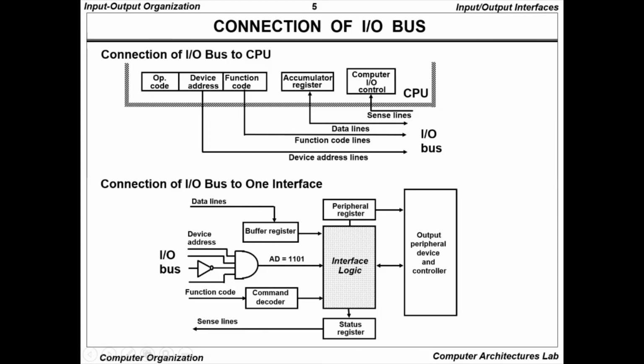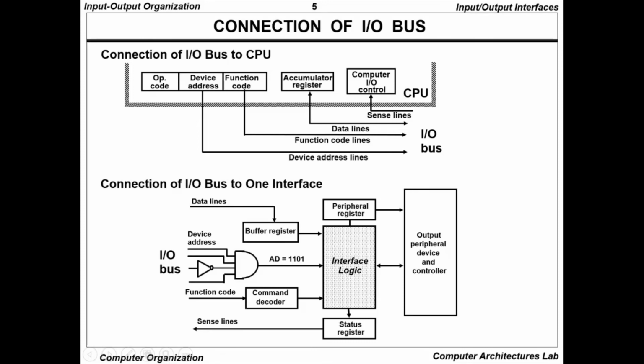Whatever devices you connect to the computer will have a register. Okay, this register will store all the information, whether it is a pen drive, a printer, a speaker, or a monitor. So the information of the peripheral devices will be stored in the peripheral register. So that's why it is called the output peripheral device and controller.